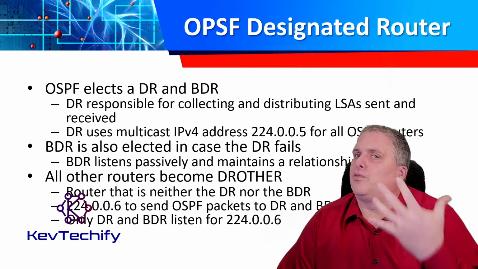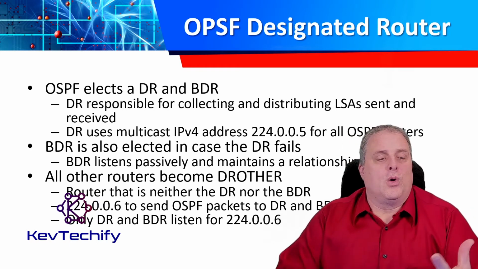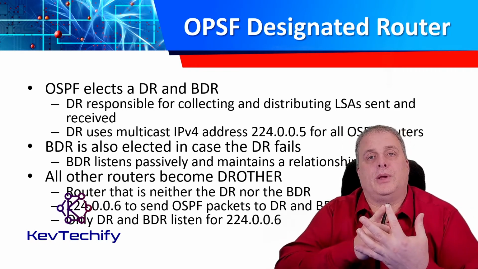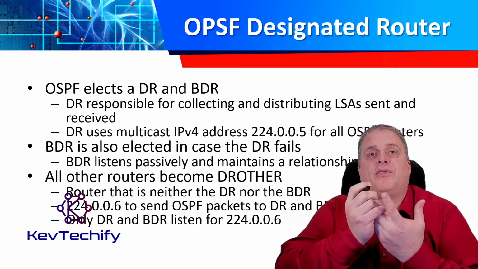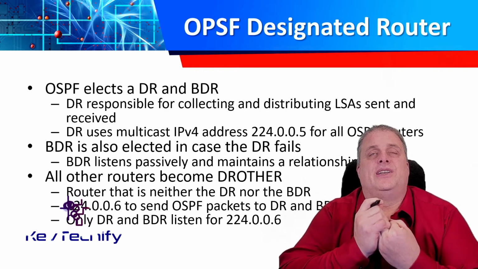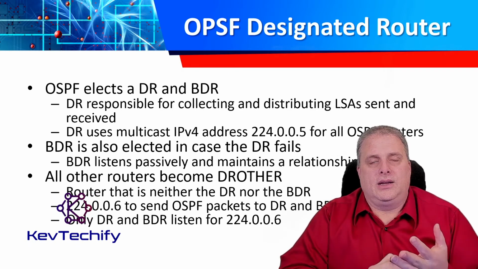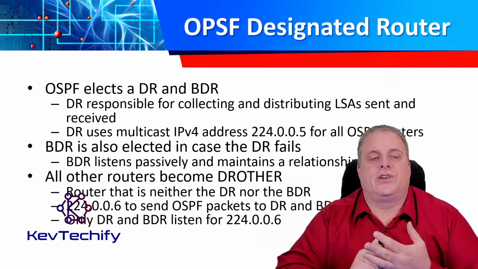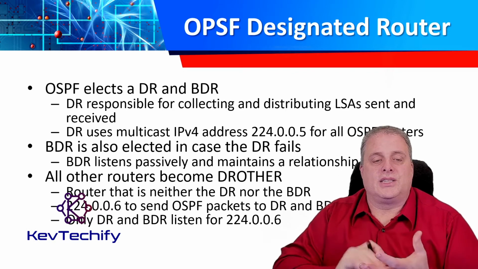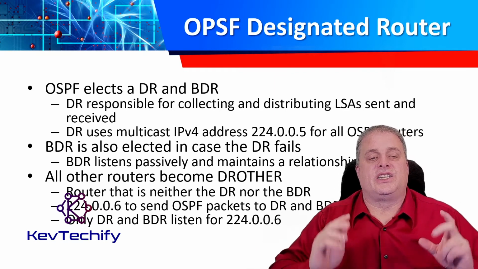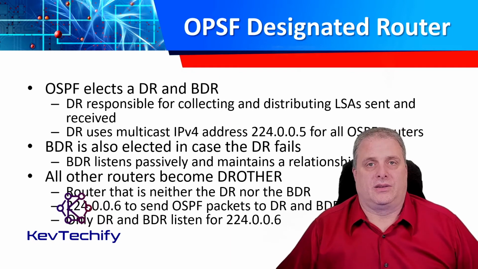You've got 5 routers in your OSPF network. One's going to be the designated router. The other one's going to be a backup designated router. You're going to have 3 other ones that will be your DROther routers. They use a multicast address of 224.0.0.6 to send OSPF packets.